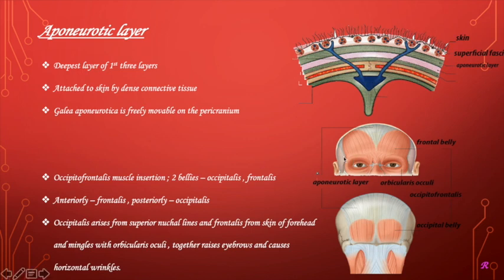This is the orbicularis oculi muscle. So this frontalis belly of occipitofrontalis works together with orbicularis oculi for raising your eyebrows and also wrinkling your forehead.